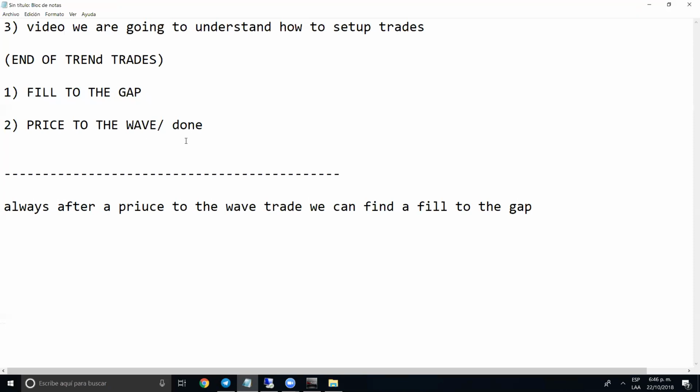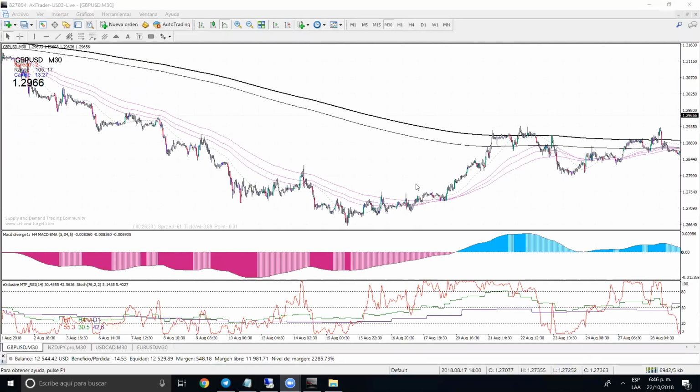This is a sequence. First, the price goes to the wave, and if the trade continues, you can try to fill the gap. I will explain this. In this case, now we have the price on the wave. We're looking for the price to go from the wave to the tunnel, and it's going to fill the gap.